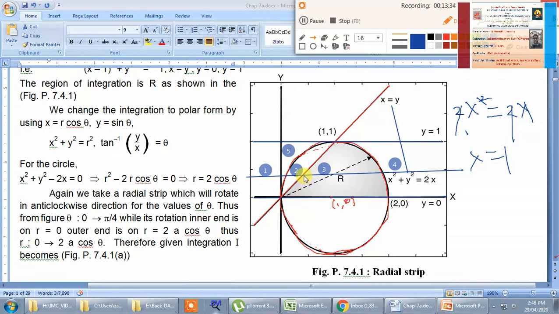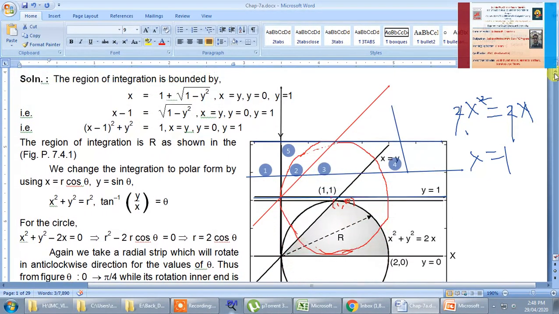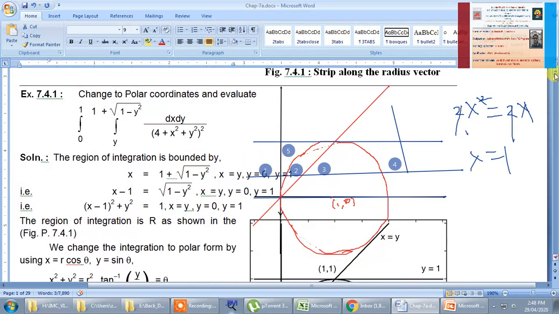The left end is on x equal to y, you can check it out. And the right end is on x equal to 1 plus under root of. So x equal to 1 plus will be a circle, part of the circle after it.